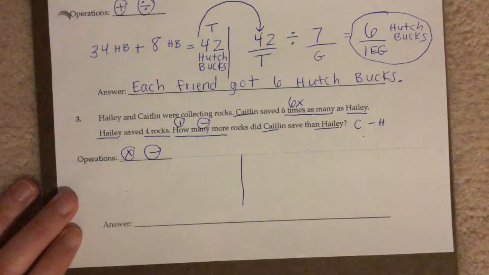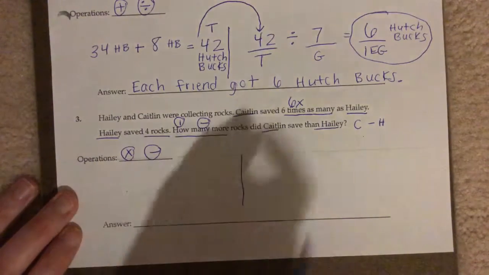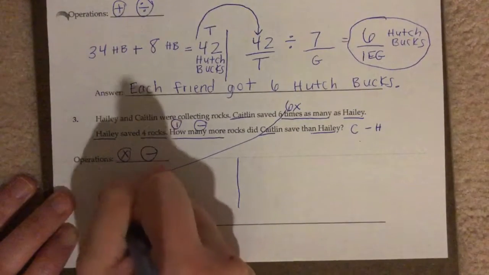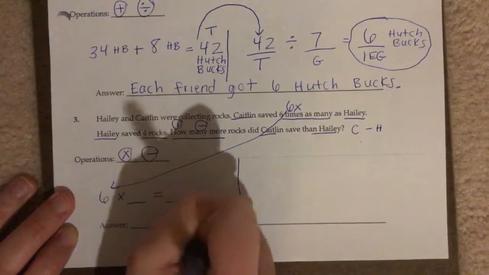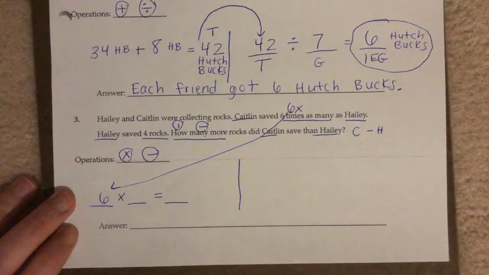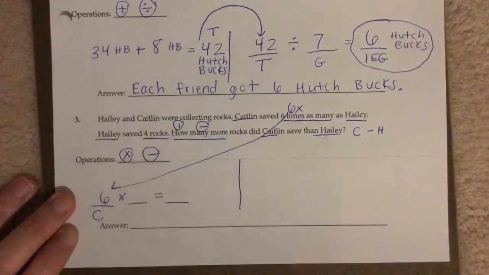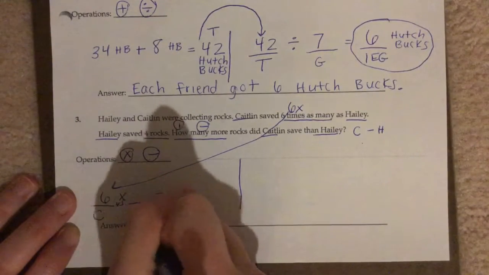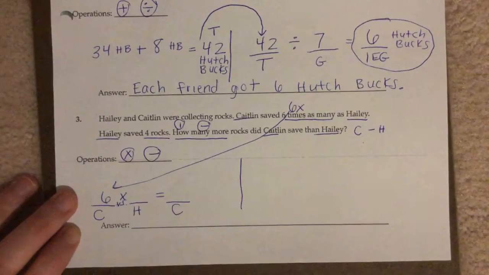So when I'm setting up a multiplication comparison problem, I know times as many always goes first. So I draw my arrow from 6 times from the problem, and I write 6 times blank equals blank. I know that 6 times belongs to Caitlin, so I'm going to put a C here. Caitlin is versus Haley, and then we'll get Caitlin again at the end.